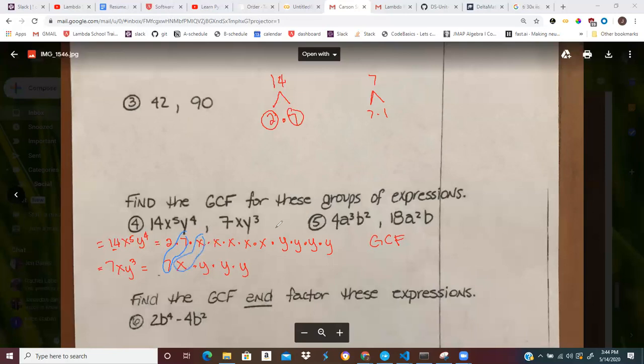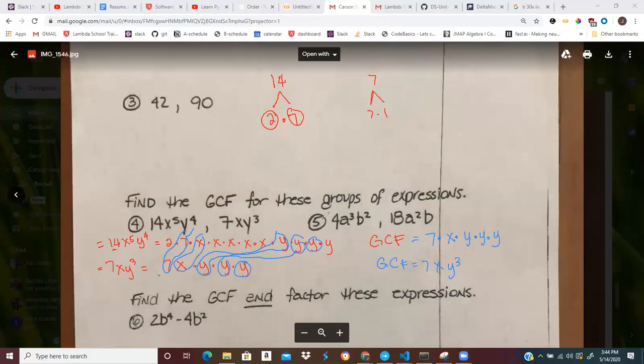You have 3 y's, so this y, this y, and this y. So therefore your GCF would be 7 times x times 3 y's: 1, 2, 3. When you simplify, that will be 7xy to the 3rd because there are 3 y's.